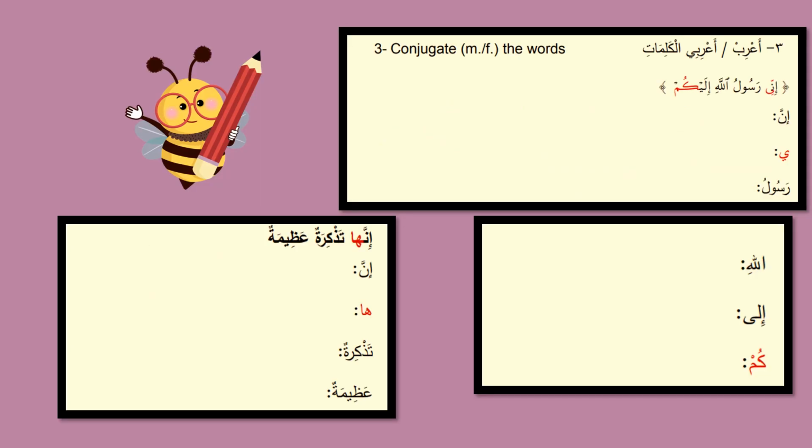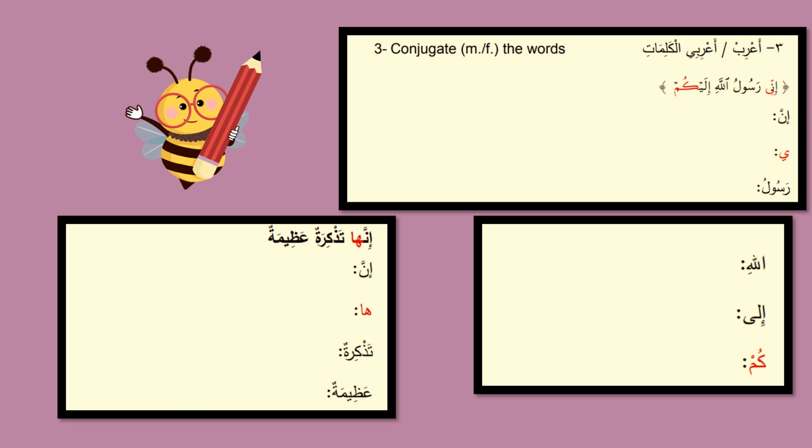Now let's do the i'rab for inna. Inni Rasulullahi ilaykum. So inni, here you can see ya mutakallim has been attached with the inna harf particle, and Rasulullahi. What is the formula you're going to apply?